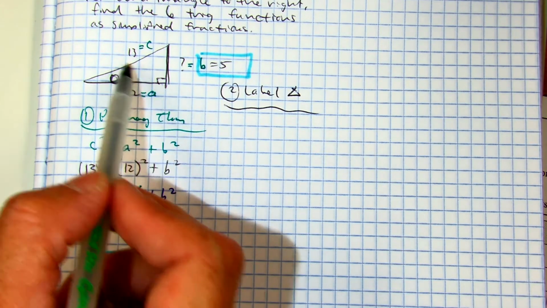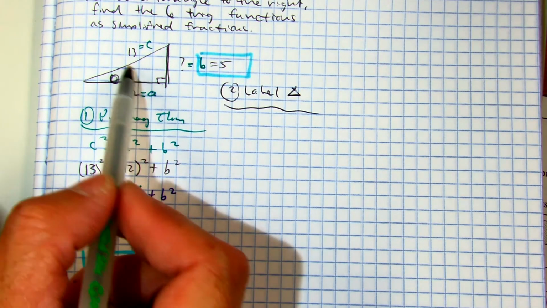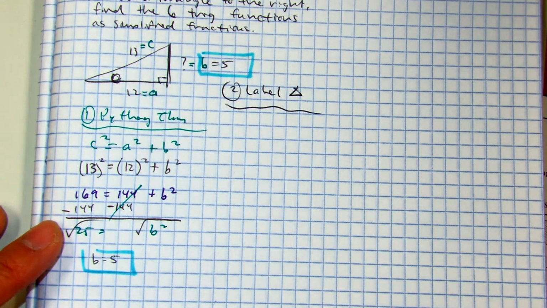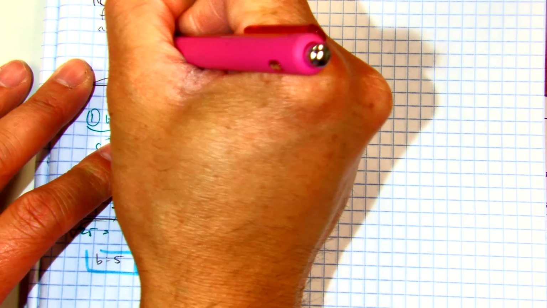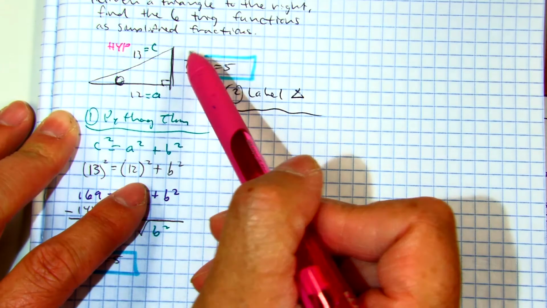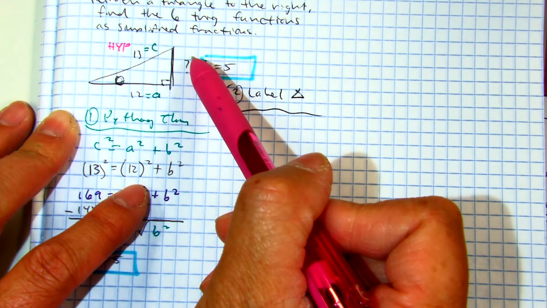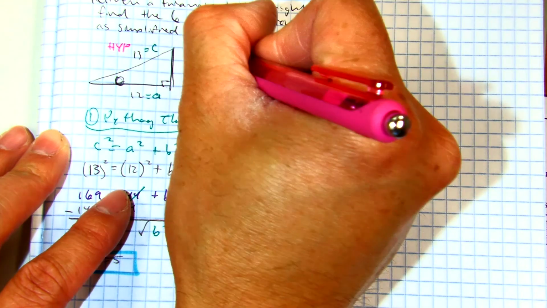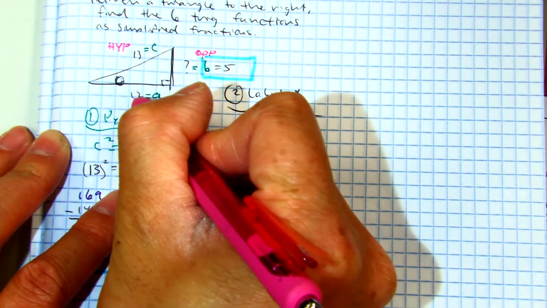Your choices are hypotenuse, opposite, or adjacent. Hypotenuse. What would you call this one over here? Opposite or the adjacent? Correct. And this one? Adjacent.